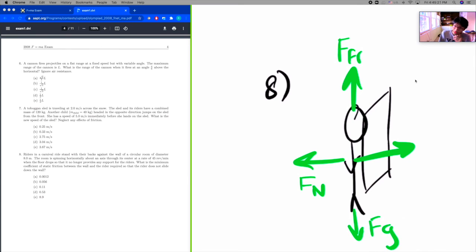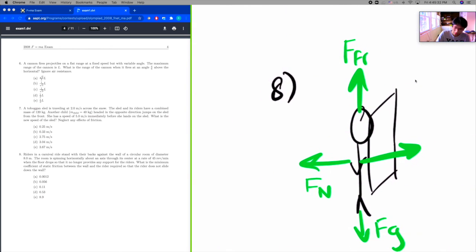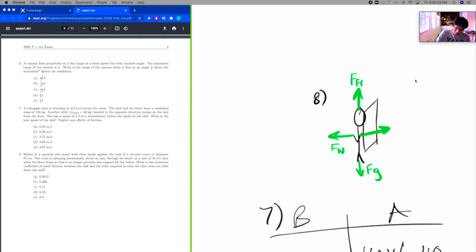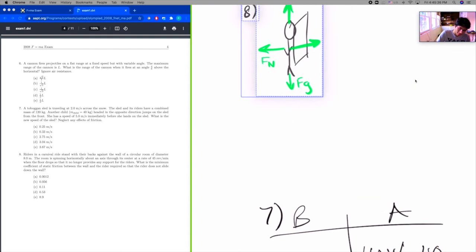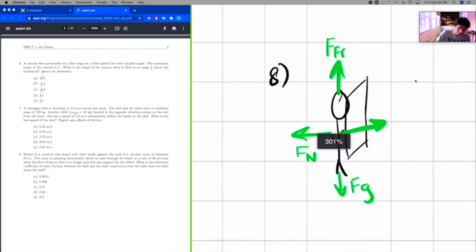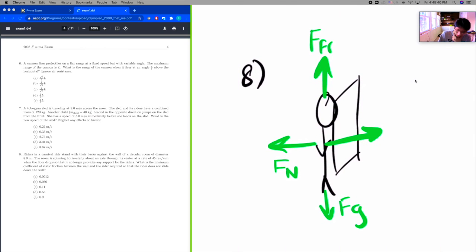Unfortunately, thankfully, I guess that's not true. There is a fictitious force, I guess, pushing him out to the edge, of equal magnitude to the normal force. Let's call this F centrifugal. Centripetal is towards the center, so this is centrifugal.